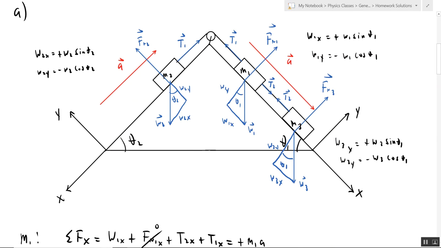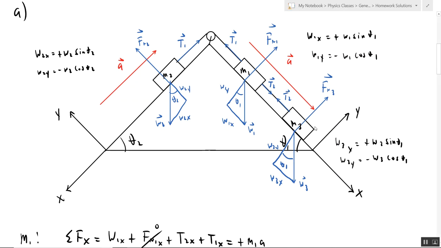But there's another rope here that's connecting these two masses. So there's another tension. This is a second rope, so I'm calling this T2. So there's another tension acting on mass 1 called T2, pulling it along the direction of rope 2, I should say, away from it. So this is a positive tension in the x direction because it's going down the incline.